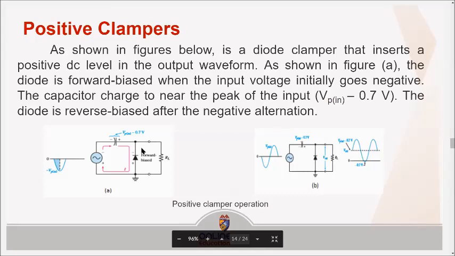Then ang connection ng diode sa A is naka-forward bias when the input voltage initially goes negative. Ibig sabihin, kapag pumunta na ng negative value yung input voltage natin, dun pa lang siya magkakameron ng forward bias or magkakameron ng connection yung current natin or gagana na siya. Okay, ganun lang siya. Makikita nyo.